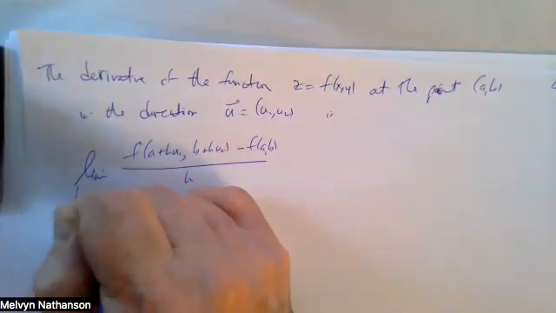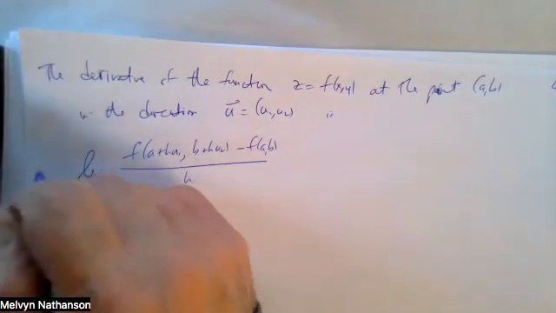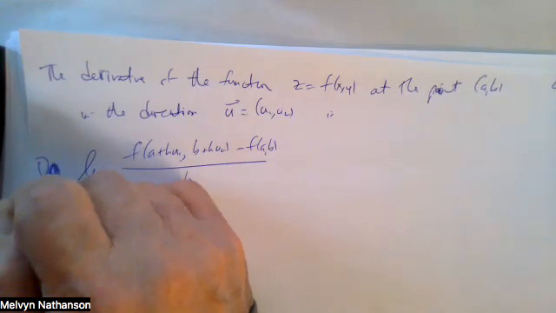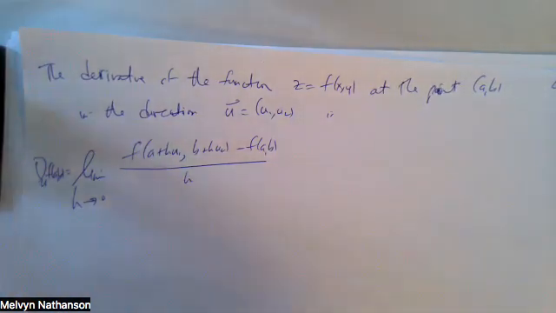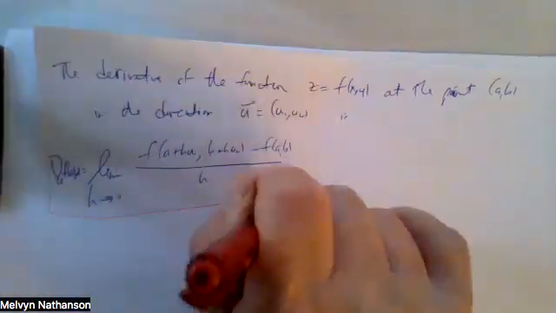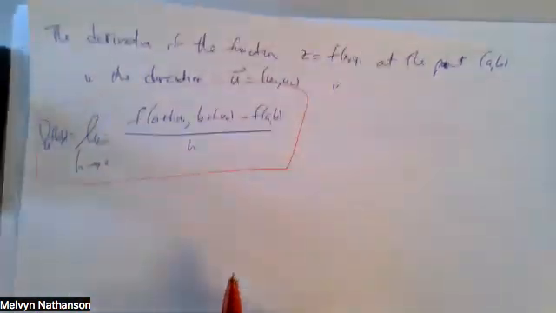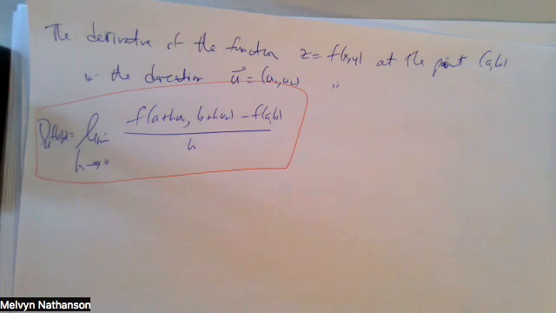Take the limit of that as h goes to 0, and that's the directional derivative of f at (a, b) in the direction of u. So this is the official definition, which is important to know, but I'm not going to ask you to memorize it and write it down.